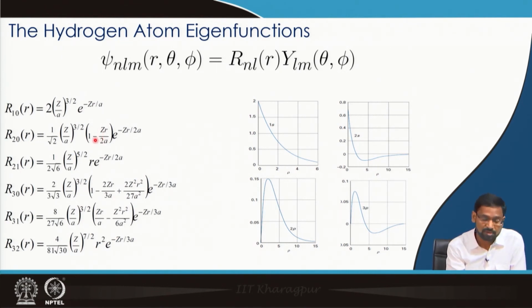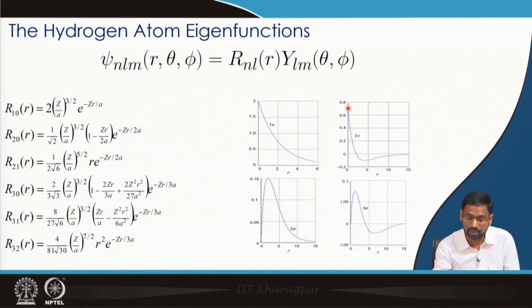There will be one value of r at which this polynomial becomes 0. When this term becomes 0, the wave function becomes 0, and that value of r where this particular term becomes 0 gives us the so-called radial node. Now look at the radial function of the 2s orbital. You see that this function first decays like this and then comes up here.